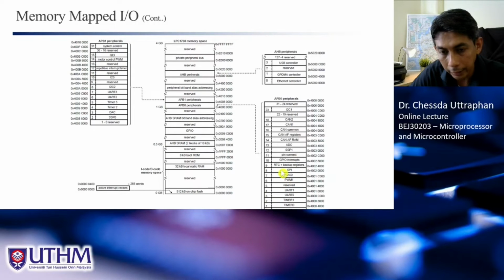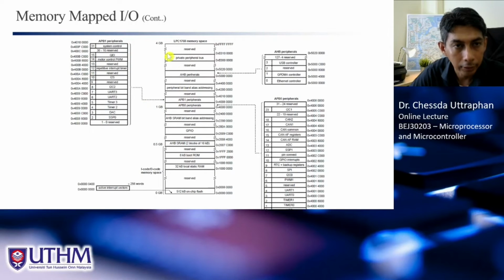We will learn later in the subsequent chapters. We have ADC here, and many things, from this address 40000000 to the last address here, which is 40080000. This part.